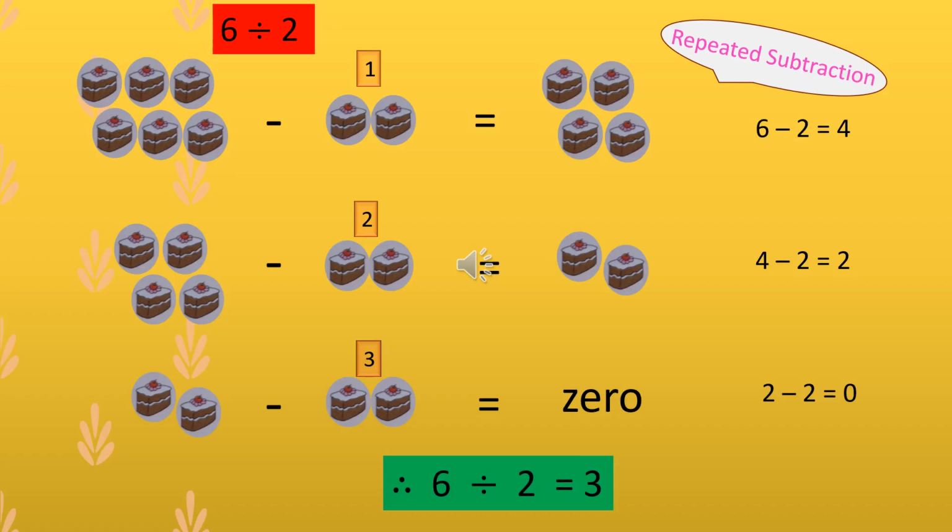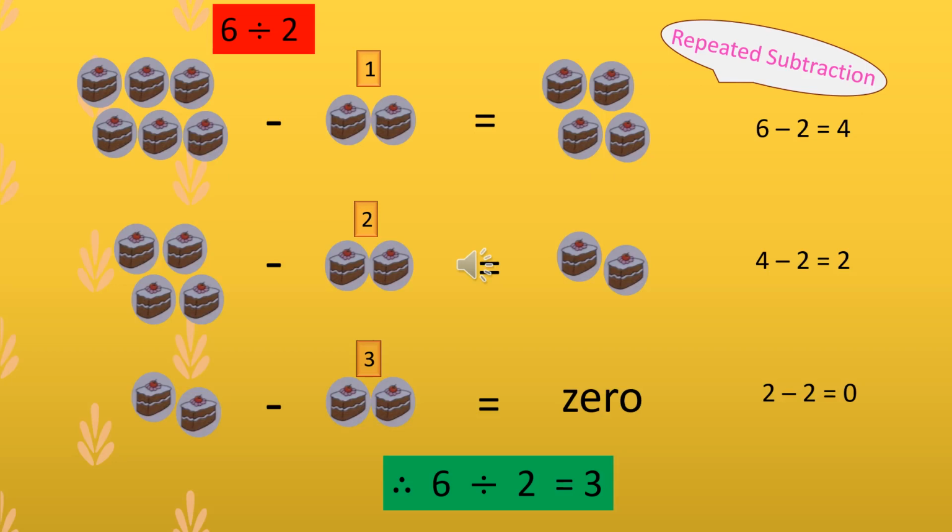See children, we have subtracted 2 from 6 repeatedly, the same number again and again. That's why it is called a repeated subtraction.